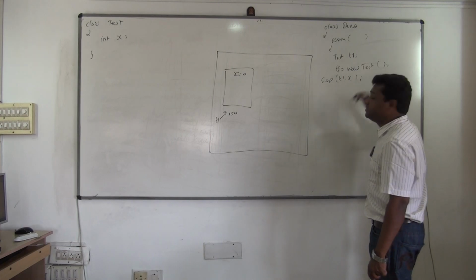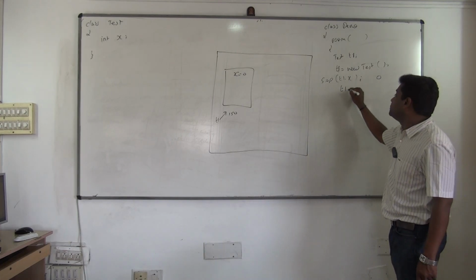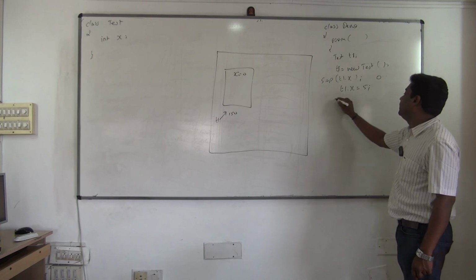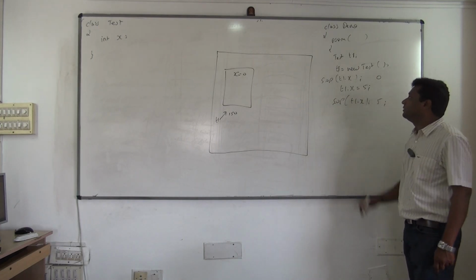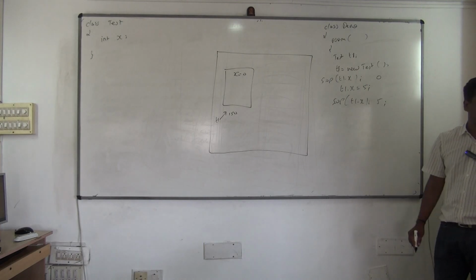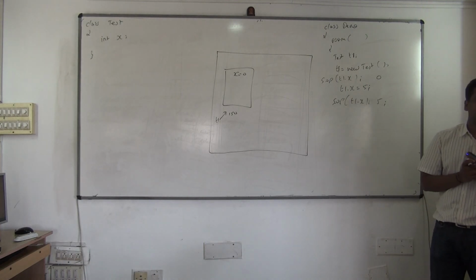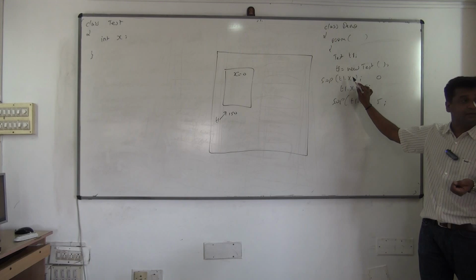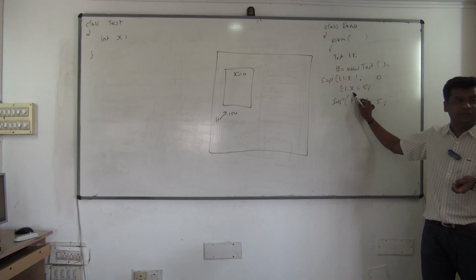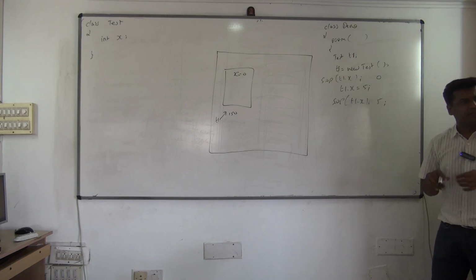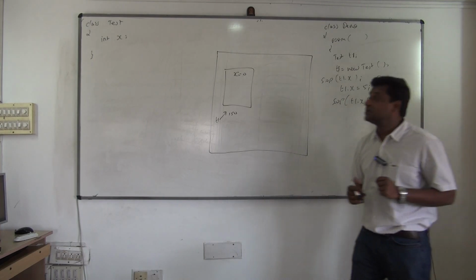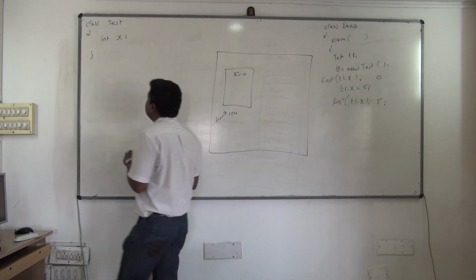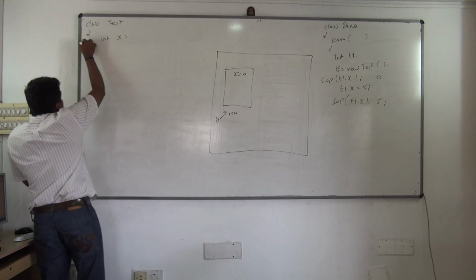It will print 0. I'll initialize with the dot operator, and later on I'll print 5. All this is correct, but I'm able to access x. Don't think about printing or initializing, but I'm able to access x. Sometimes I do not want my variable to be accessed outside the class. That is when you can use a keyword called private.